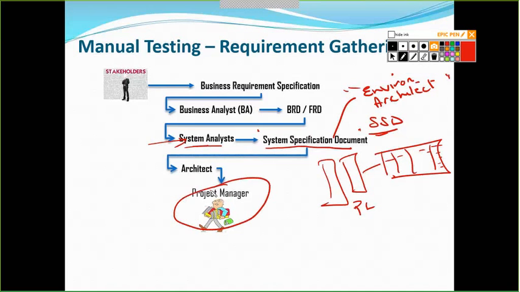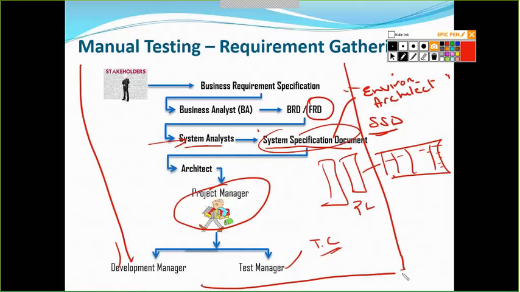Now the project manager is carrying all the documents and he will take them to the development team and the test team. Using these documents, the development team will start developing the functionality. The test team will start writing the test cases for this particular functionality. This is how the entire flow of the project starts with the documents.